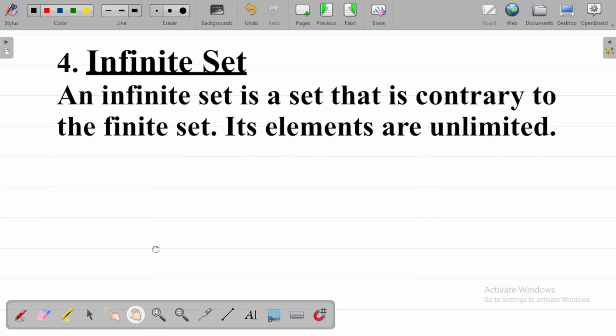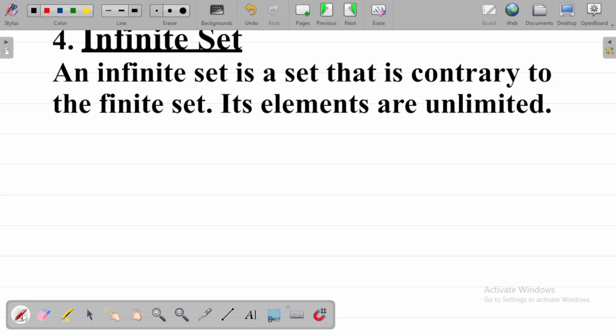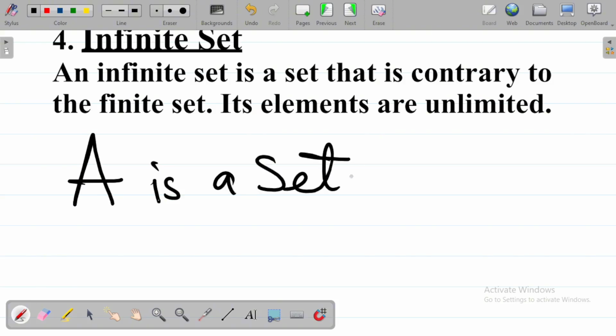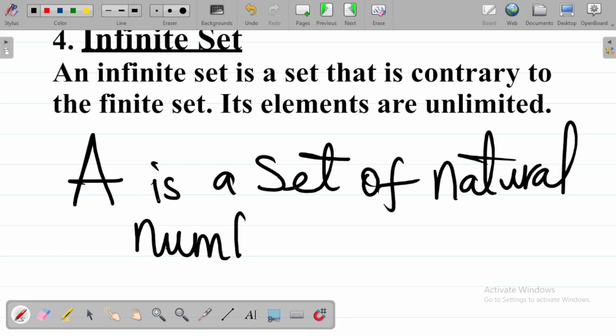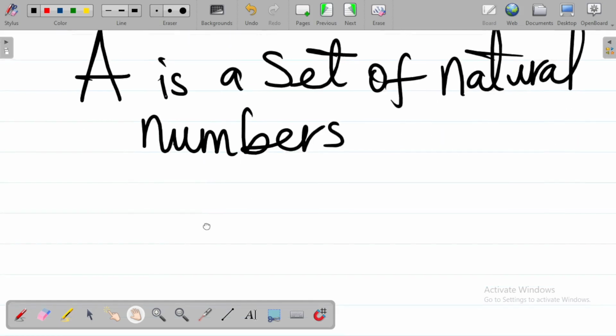So let's take an example. Let's say A is a set of natural numbers.